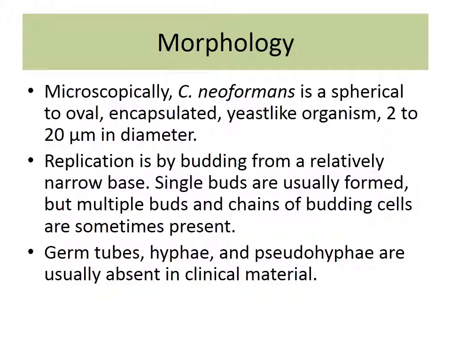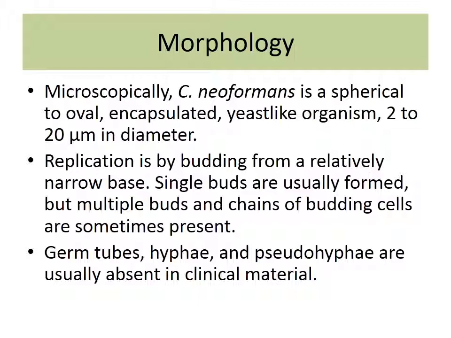If you want to look at the morphology, Cryptococcus appears typically oval with a capsule around it, in different sizes, anywhere from 2 to 20 micrometers.